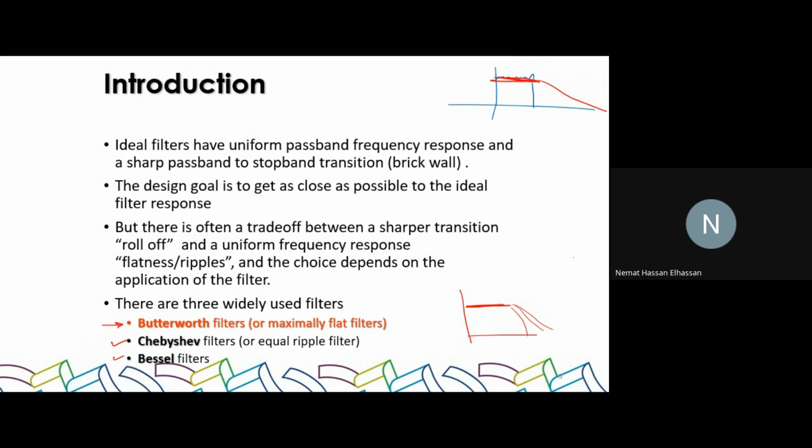So Butterworth have maximally flat, which means the gain is almost constant in the pass band. Chebyshev have equal ripple, which means there are some ripples, but the difference is they are equal, rather than something like this. So they can also be predictable. And then you have the Bessel filters.